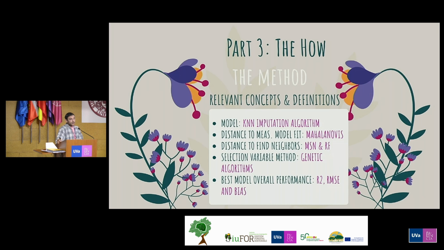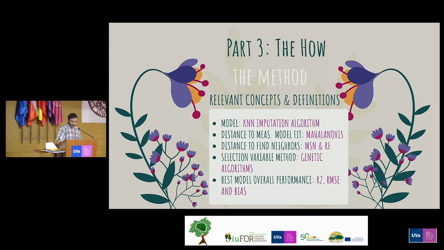And genetic algorithms, if you haven't heard about them, are algorithms that try to simulate the natural selection process, and it's a metaheuristic method to find the best option when you have a very high number of options. In this case, the options are all the combinations of possible predictors to fit the models.